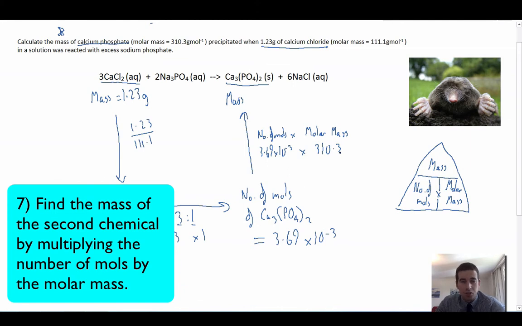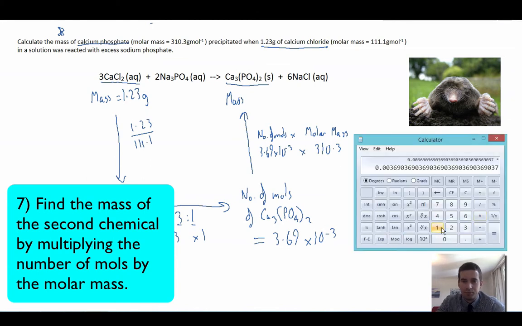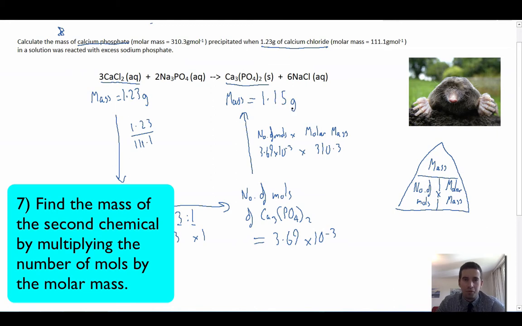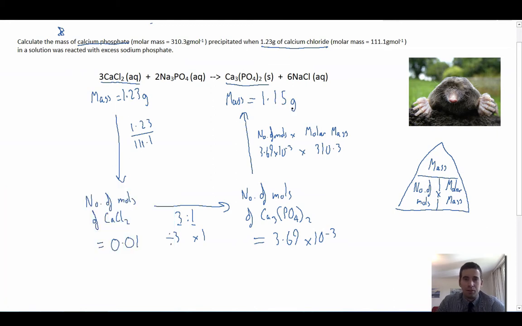Again, this is given in the question, but you might have to work this out. So again, put this into your calculator to get your final answer. 1.15 grams. So you can see I've left it at 2 decimal places this time because that is the same number of decimal places as was given in the question for the other chemical.